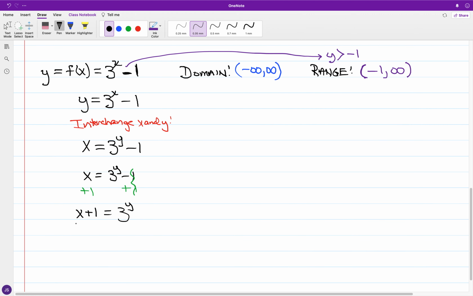And again, to take care of the exponential base, I'm going to take the base 3 logarithm on both sides here. So I have the base 3 logarithm of the quantity x plus 1 is equal to the base 3 logarithm of 3 to the y. So we have the base 3 logarithm of x plus 1 is equal to y.